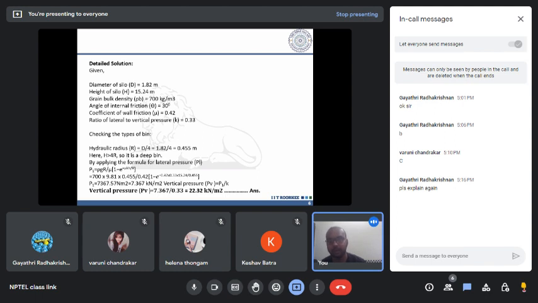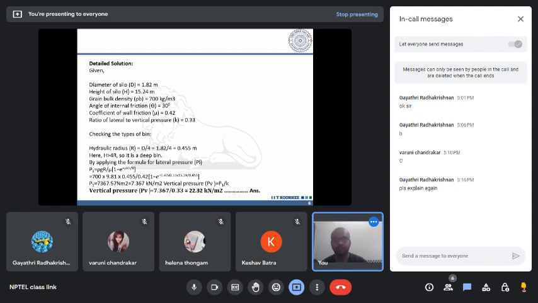Then the grain bulk density, that is corn, is 700 kg per meter cube. The angle of internal friction has been given as 30 degrees. The coefficient of wall friction mu is 0.42. The ratio of lateral to vertical pressure k is equal to 0.33.